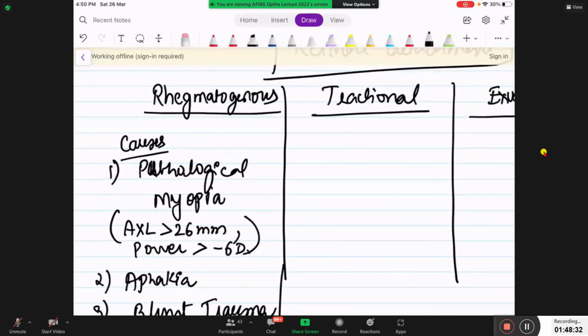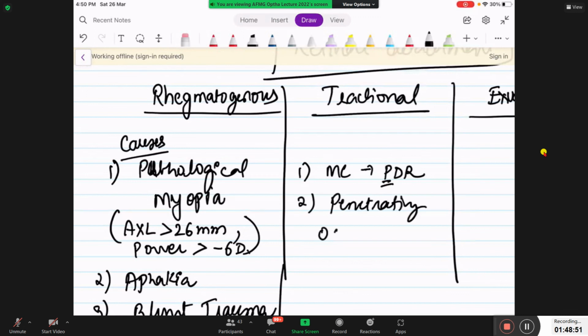Now coming to tractional RD. The most common cause of tractional RD is proliferative diabetic retinopathy, PDR. Second cause is also P, which is penetrating ocular trauma, which we have studied in sympathetic ophthalmitis.